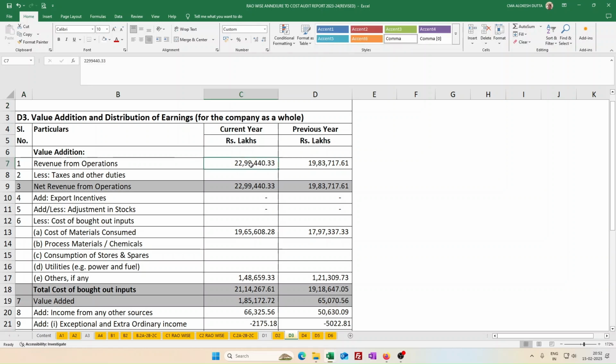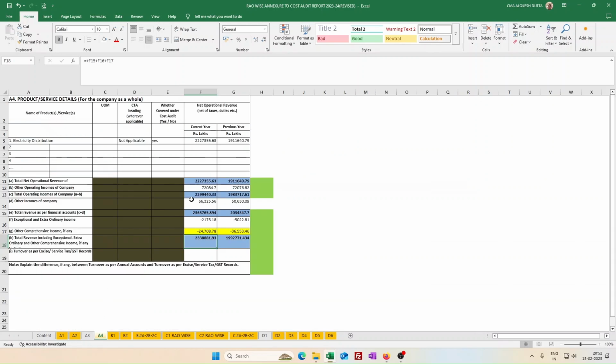This comes revenue from operation. This should match with this one, A4 figure. 22,994, this is value total operating income.